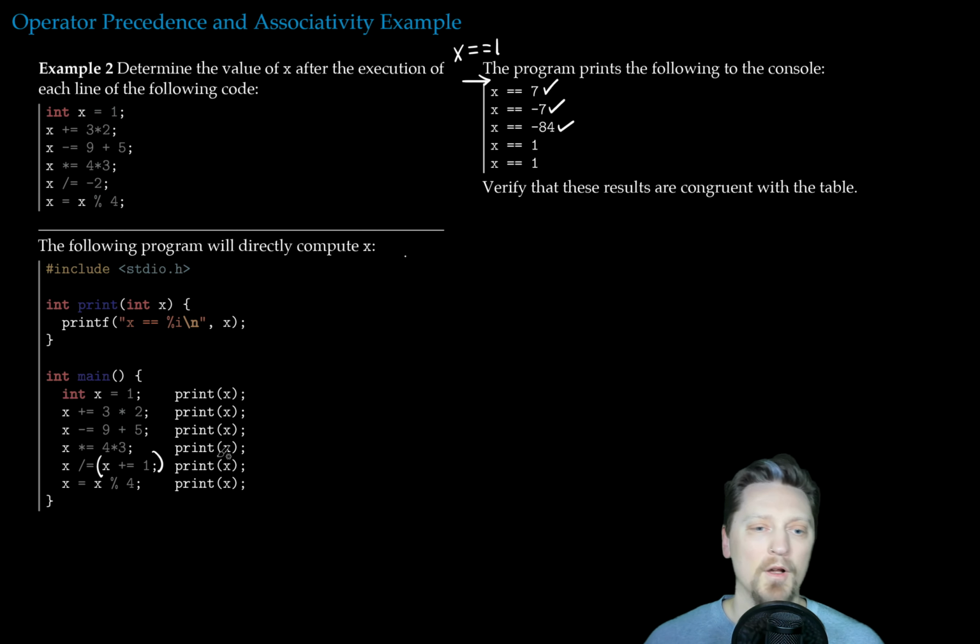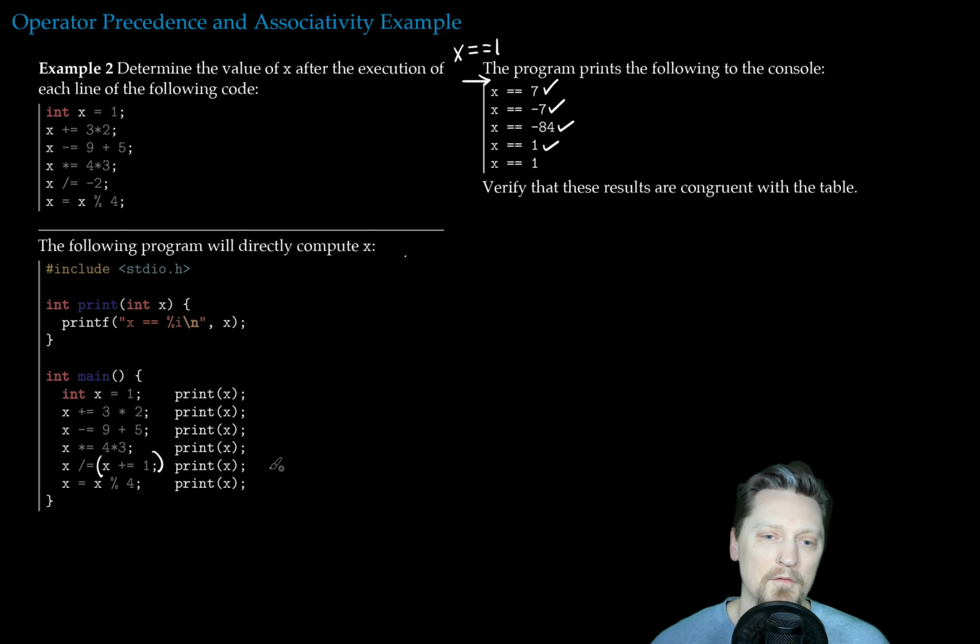Now we're going to do the division equals. So we're going to have x divided by whatever is on the right-hand side, which is also x. Okay, so it's going to be negative 83 divided by negative 83 and assigning that to x, which is going to be 1. So we get 1 as a result.